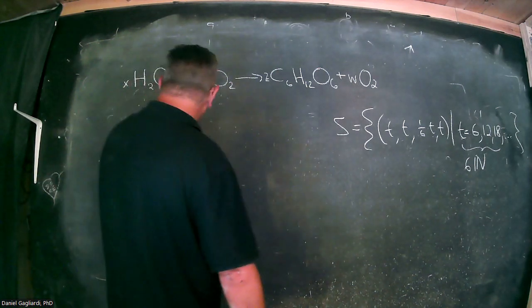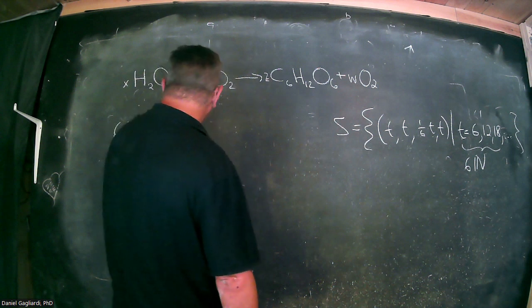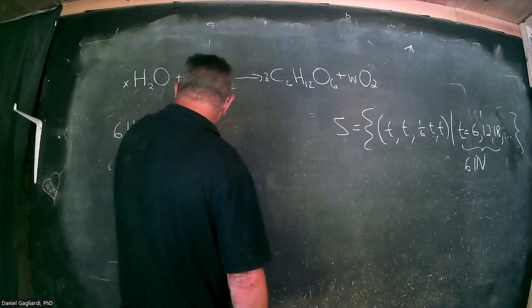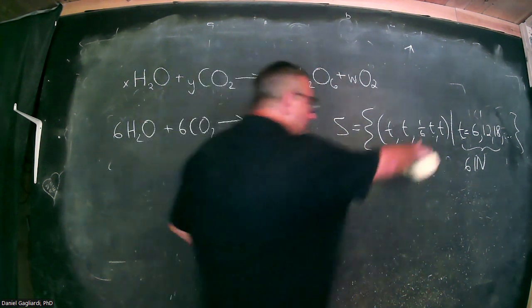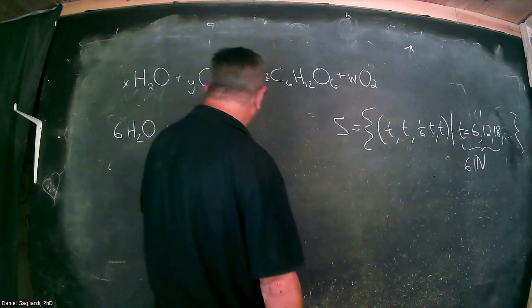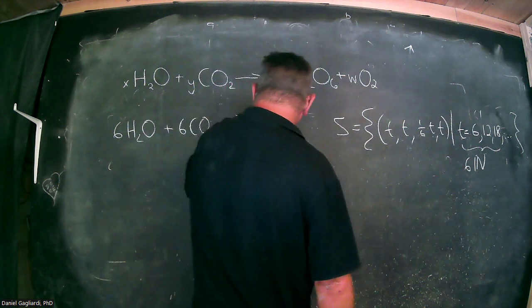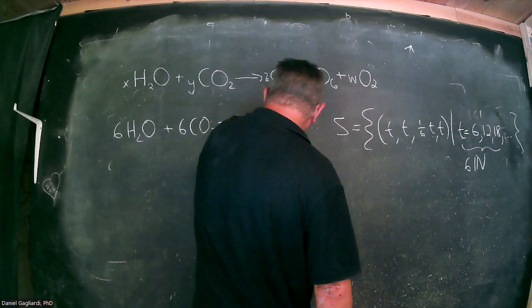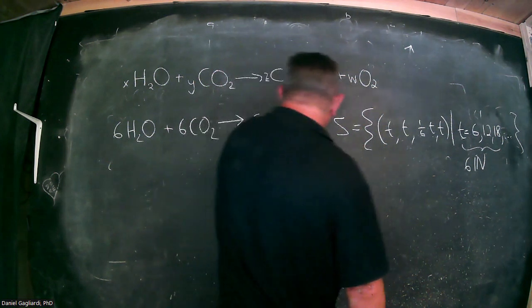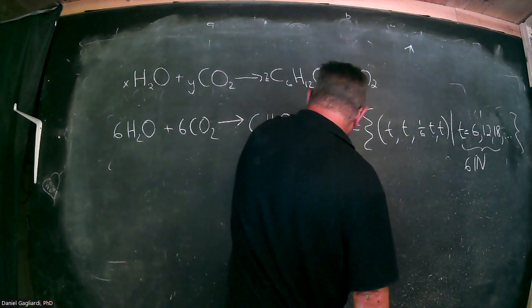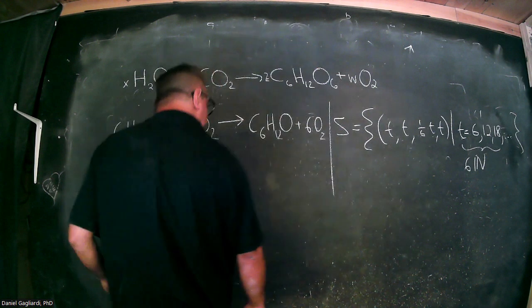Then y is equal to 6 also, so we have 6 carbon dioxides. Now, if t is equal to 6, then z is equal to 1, so we have 1 C6H12O6, and then w is equal to 6, so we have 6 O2s.